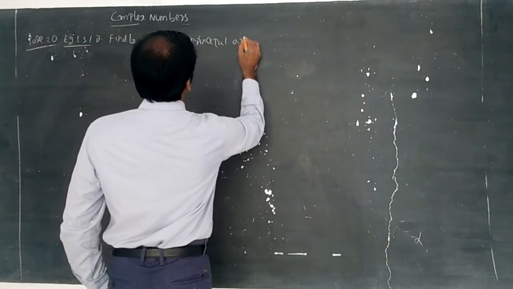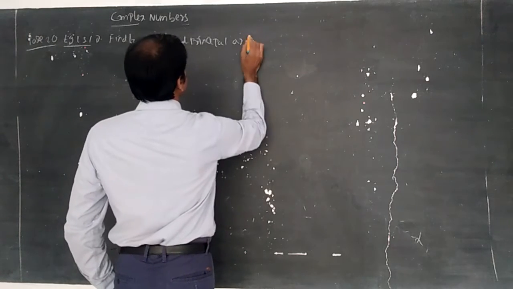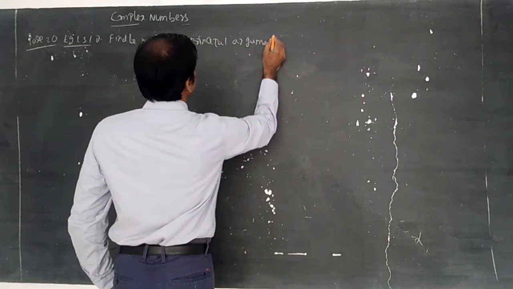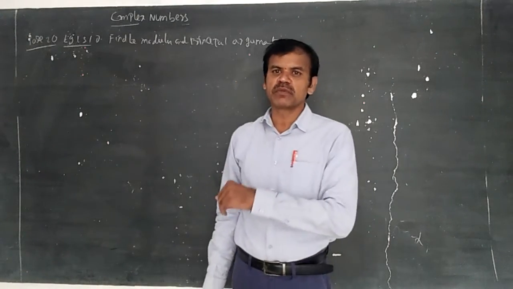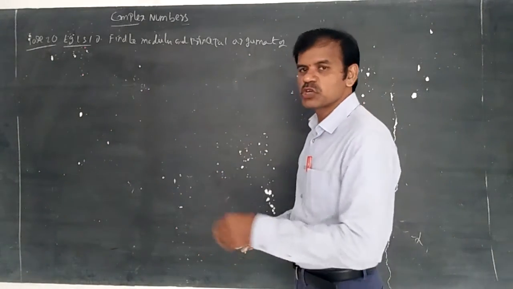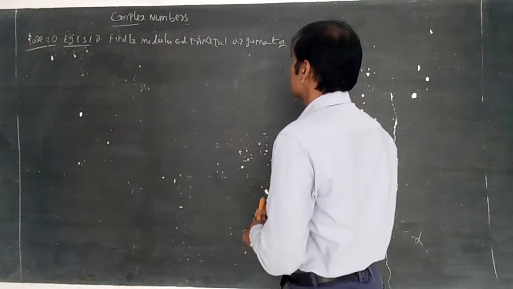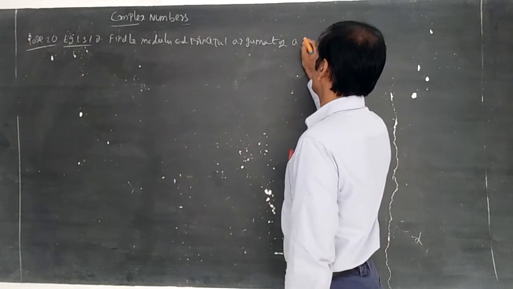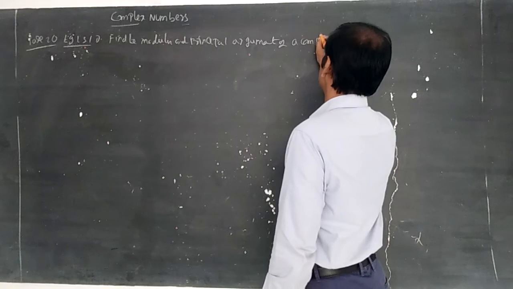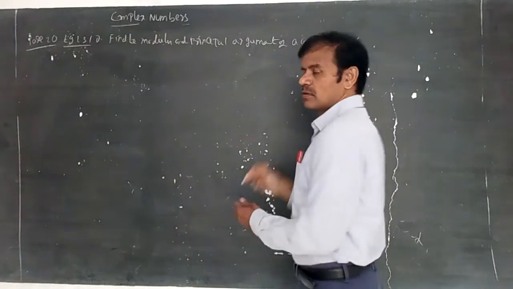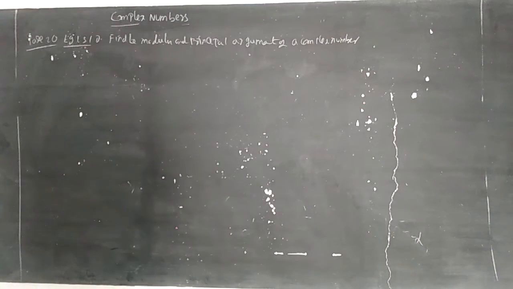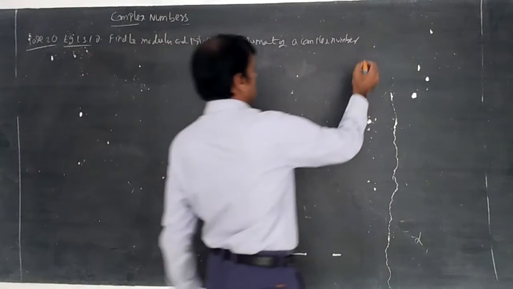So the general argument means alpha, the principal argument is here theta. So in which quadrant does it lie, we have to discuss. Principal argument of the complex number -1 minus i root 3.